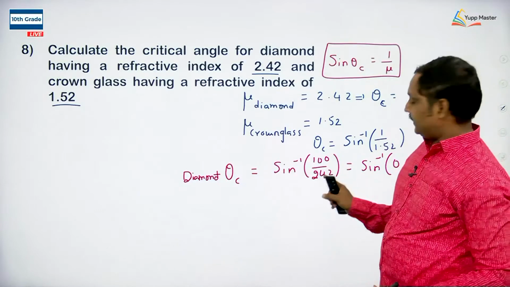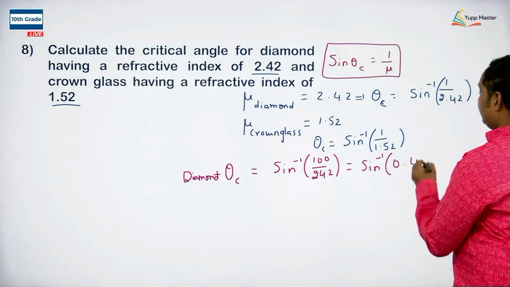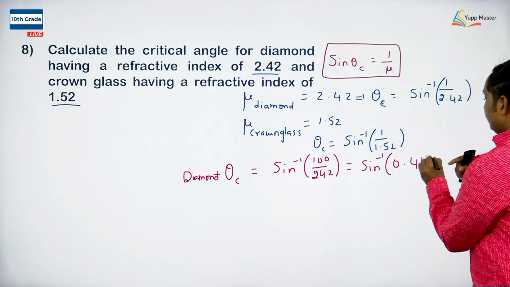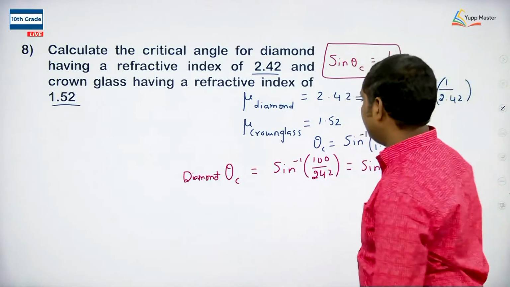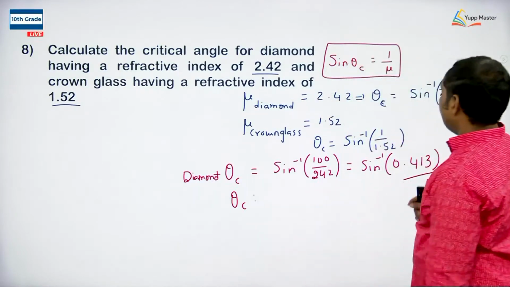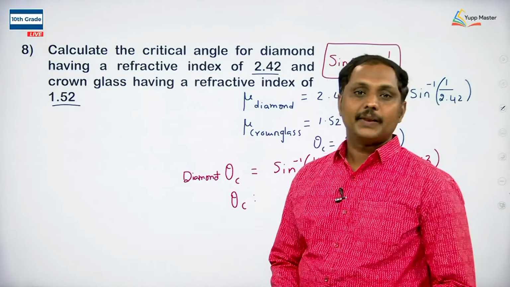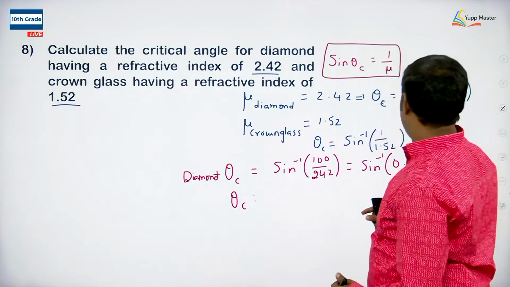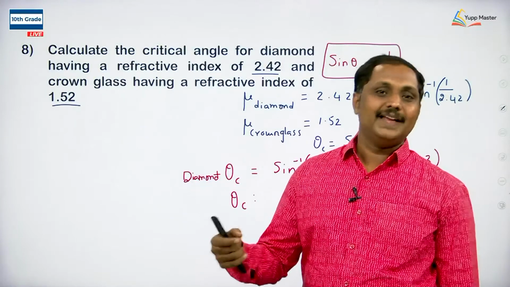Dividing 100 by 242, that is 0.4, and after calculation you will get sine inverse 0.413. It is near the value of the angle, yeah, if you know 0.5 it is 30 degrees, but it is less than 0.5.